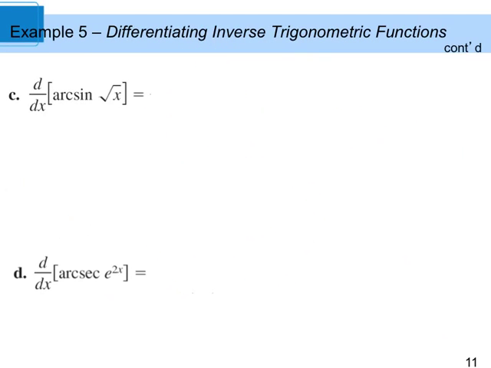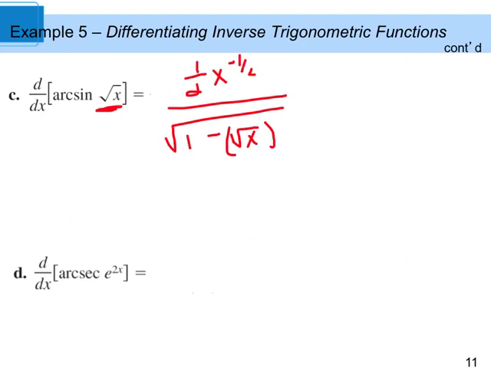Okay, for the derivative of arc sine of u, I need u prime. So this is actually an x to the 1/2. So the derivative of x to the 1/2 is 1/2 x to the negative 1/2. And then that's all over the square root of 1 minus u squared. Now let's simplify that. Because I don't have a quantity on the top, I can just bring this down to the bottom. So I'm going to make it as simple as I can. For that matter, this is also going to be in the denominator.